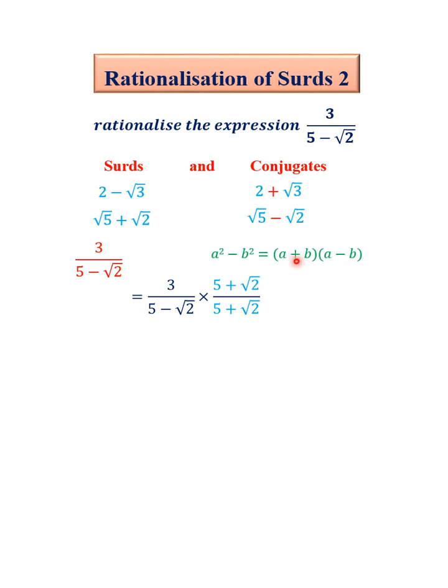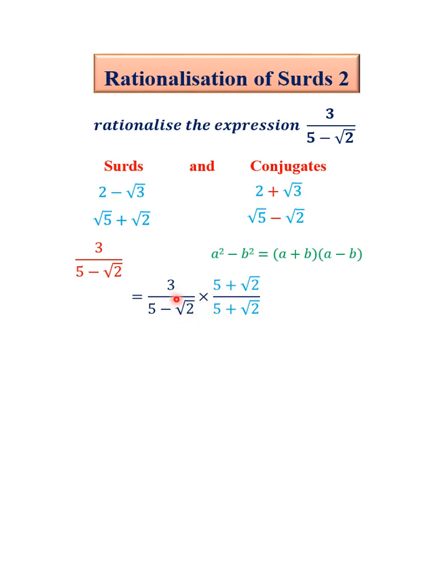So if you look at this and this, they are similar: 5 minus root 2, 5 plus root 2. So we can say 5 is our a, while root 2 is our b. In principle, it means we can write this denominator as 5 squared minus root 2 squared. So let's now solve this.